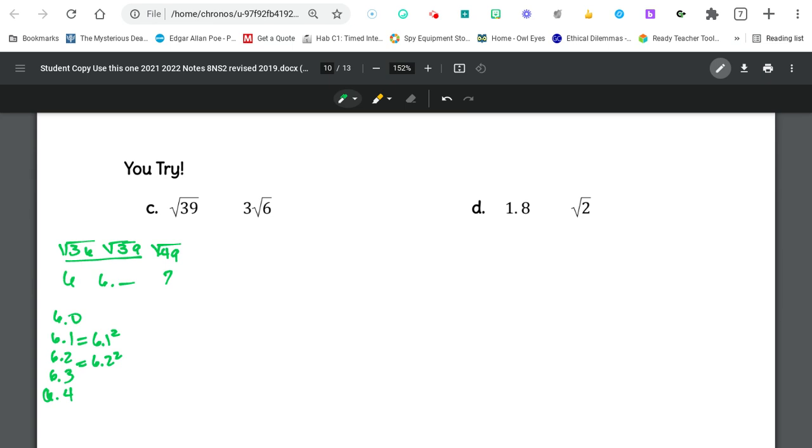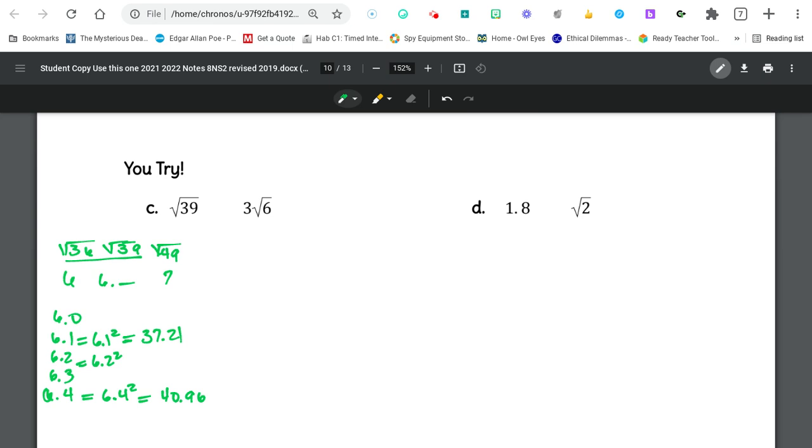So 6.1 squared. Too low, 37.21. Let's try 6.4 squared. Too high. That's 40.96.